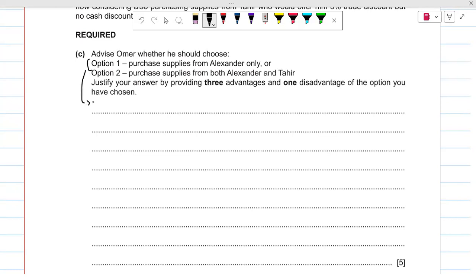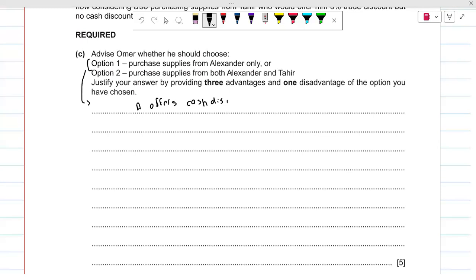What type of benefits will we see in the future? First of all, in option 1, Alexander offers cash discount. This is the number one advantage. But Tahir is not giving any cash discount.